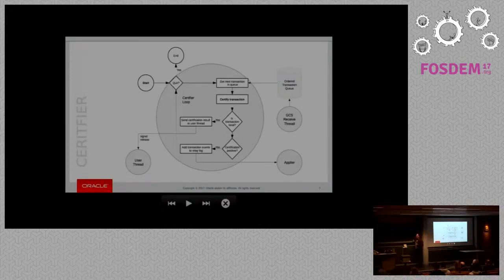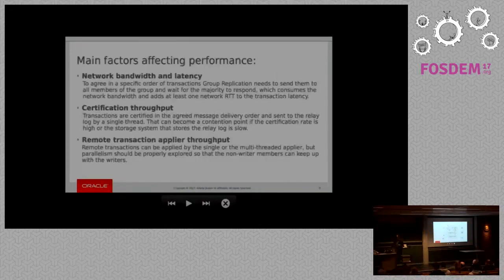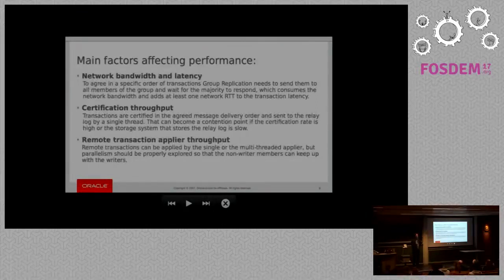And these are the two main areas of group replication, which means also that we have these factors affecting our performance the most. Okay, so of course the obvious ones: network bandwidth and latency. Slower networks will be harder to deal with, but particularly very high latency will make us drop performance.